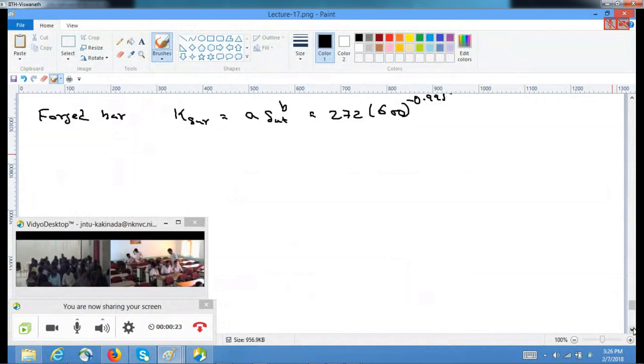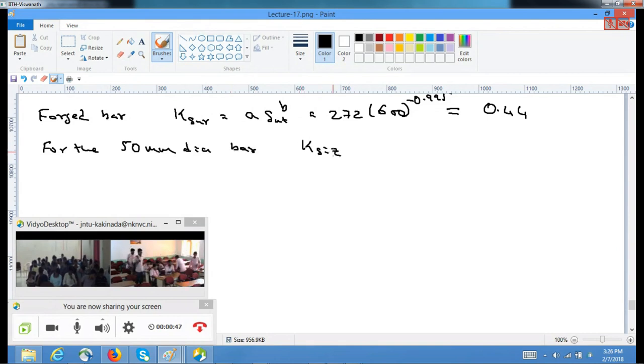As forged bar, the surface value turns out to be, if I approximate it, 0.44. Next one is the size factor for the 50 mm dia bar. K size is obtained using the expression which we have given earlier.